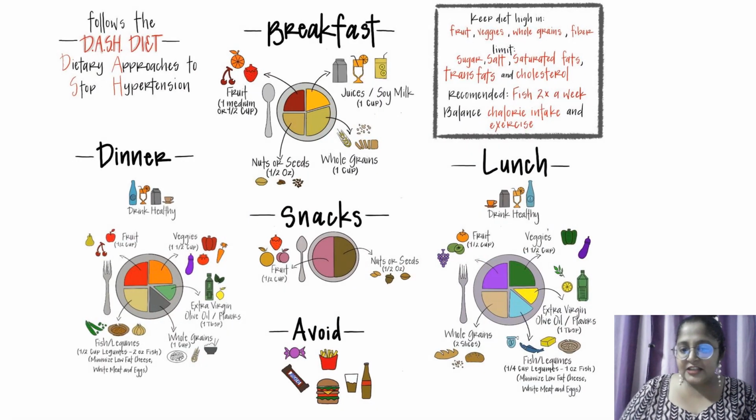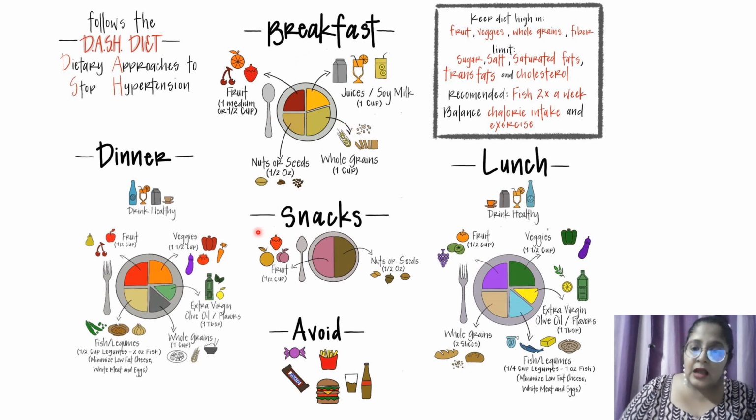So, if we talk about a DASH diet meal for the whole day, for breakfast you can have fruit or juices. Juices means freshly crushed along with the fiber. Nuts and seeds definitely, as mentioned, and whole grains.